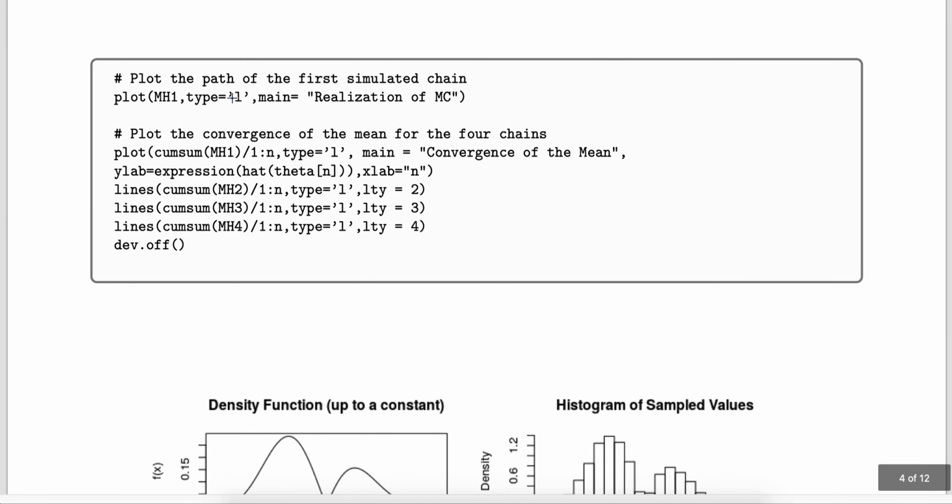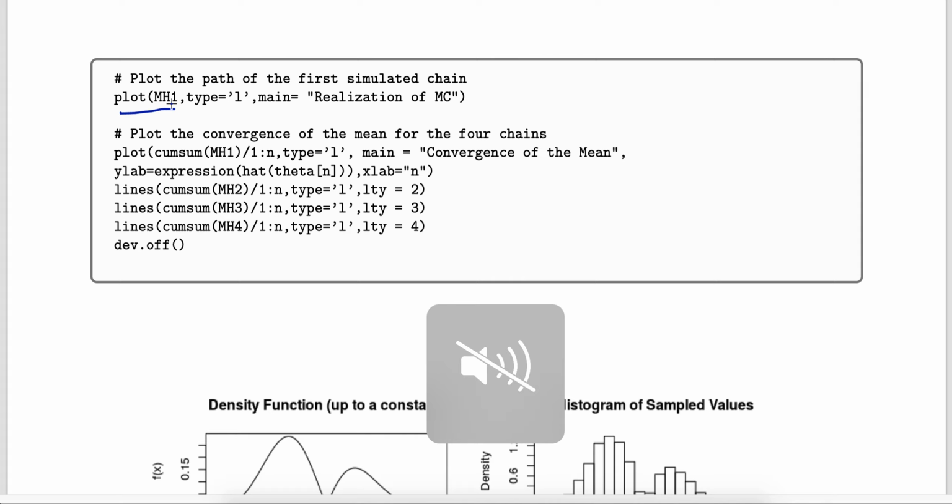And I'm going to plot the first simulation, my first chain. So this is just as it transitions from step to step. I don't have an x and a y, so automatically x is going to be just time. And then the last bit here, I'm going to plot the convergence of the mean for all 4 chains. So even though they'll take different paths because I have different random steps being generated, hopefully they're going to converge around the same spot.